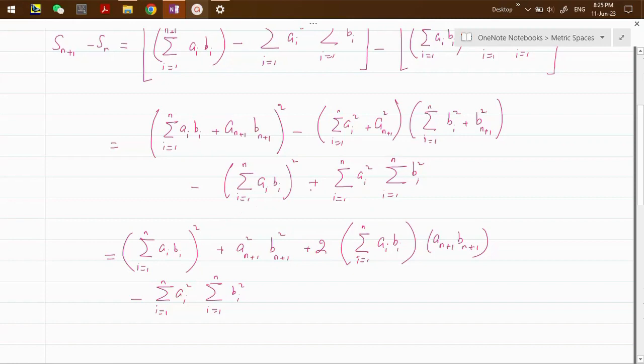Then again what we do, we shall multiply these two terms, a(n+1) square into summation bi square.